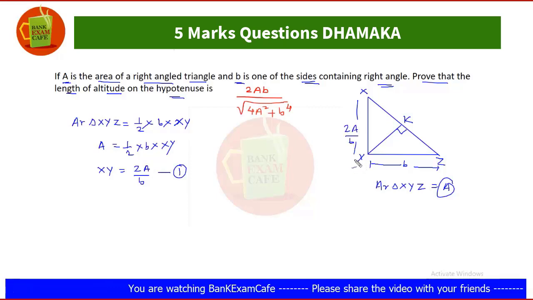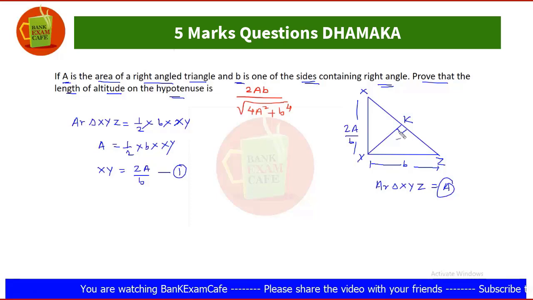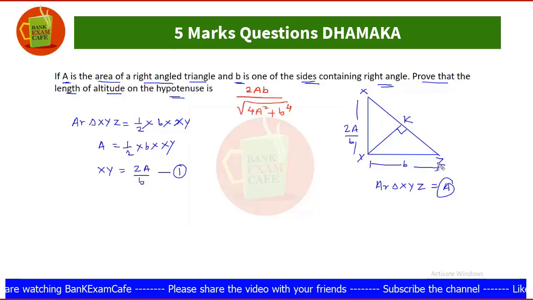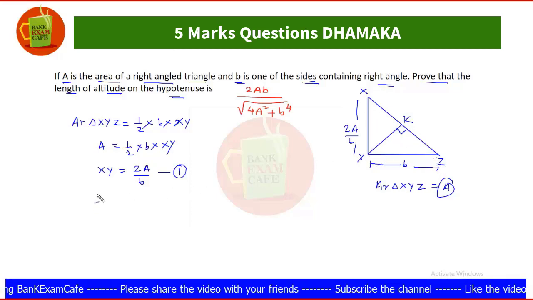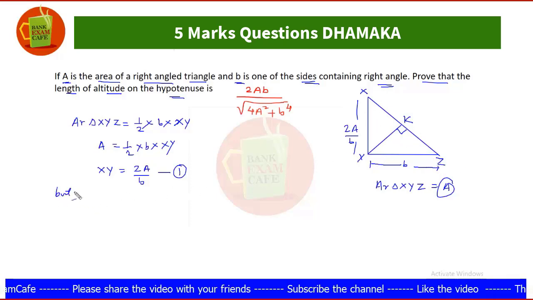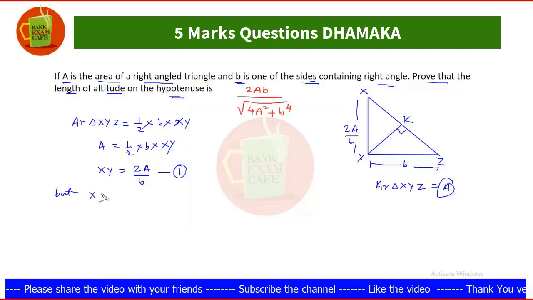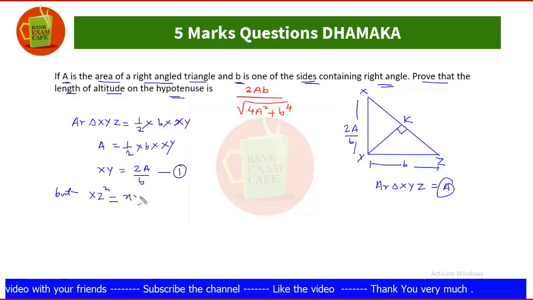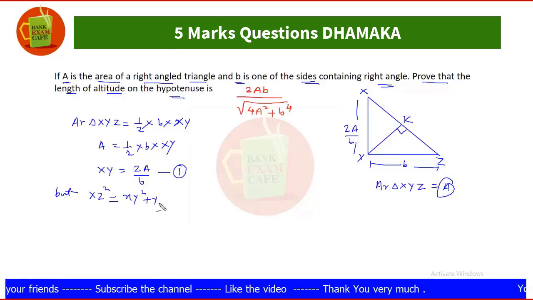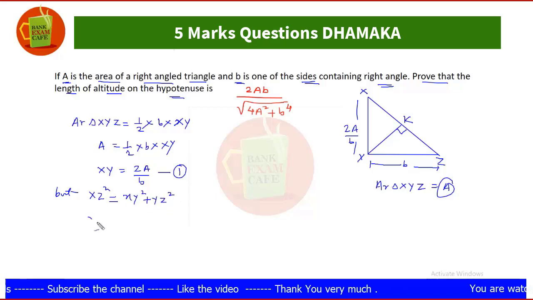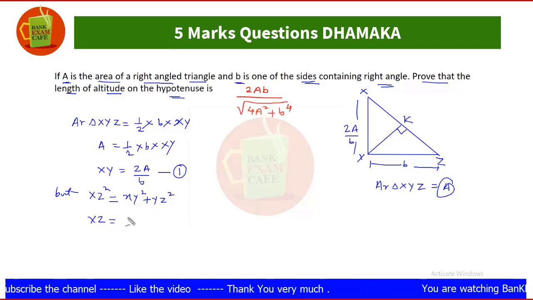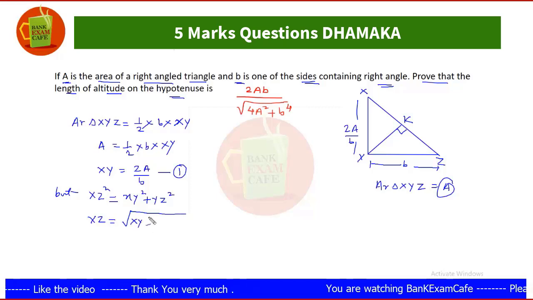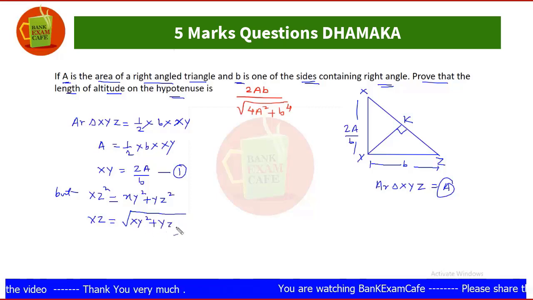Now here friends, we will see that XZ square is equal to XY square plus YZ square by Pythagoras theorem. So XZ, taking square root of both the sides, we will get square root of XY square plus YZ square.